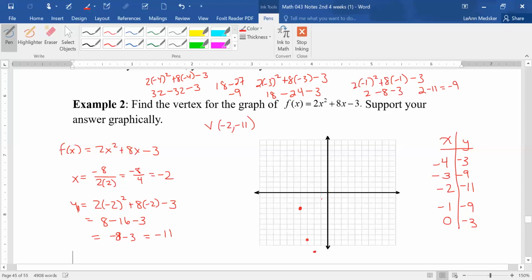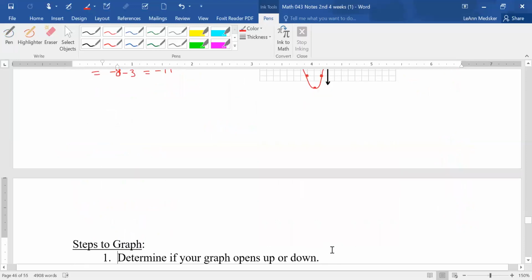And then we have -1's down at 9, and 0 is at -3. So notice I get this nice symmetric parabola shape opening upward, and my vertex is the vertex. I was correct finding it this way because there's no points lower than that on that graph.